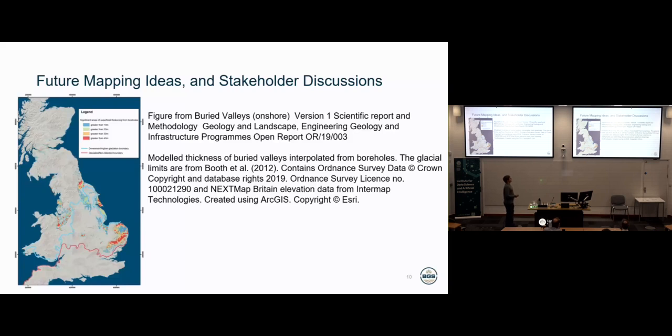So one idea is that instead of providing particular values, we will instead give greater than 10 metres, greater than 20 metres, 30 or 40. This has been used in a buried valleys model that BGS have recently produced by Tim Kearsey. And this helps to reduce the problem of stakeholders phoning up and saying, we've dug a hole and it's 20 metres, it should have been 30, or vice versa.